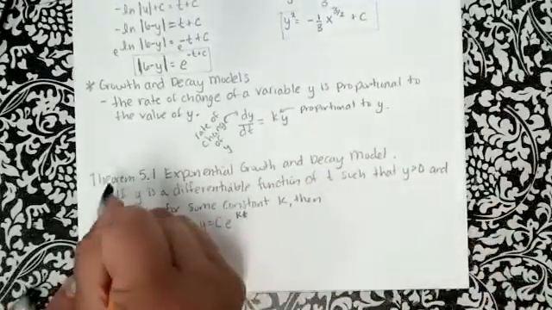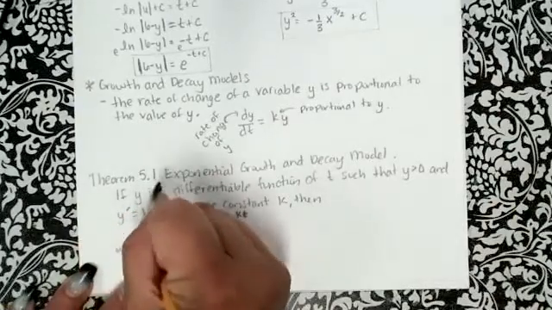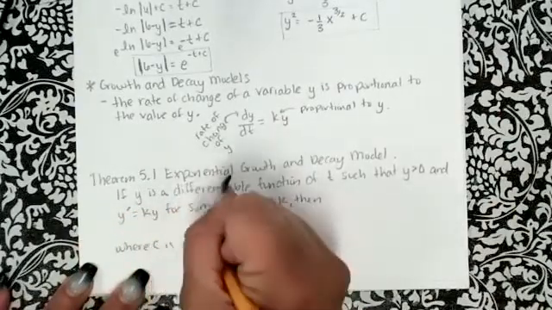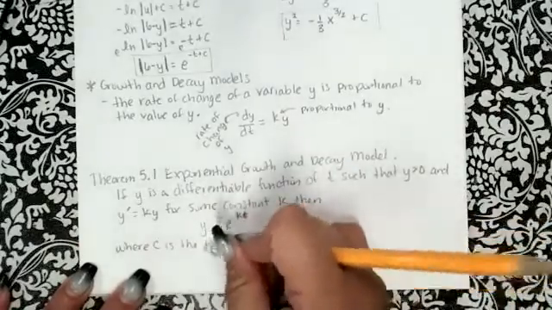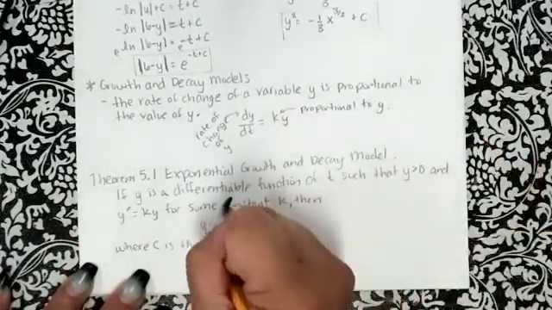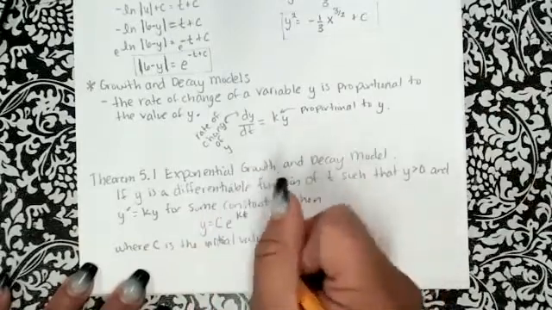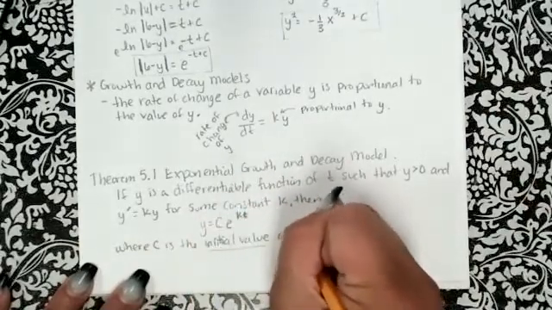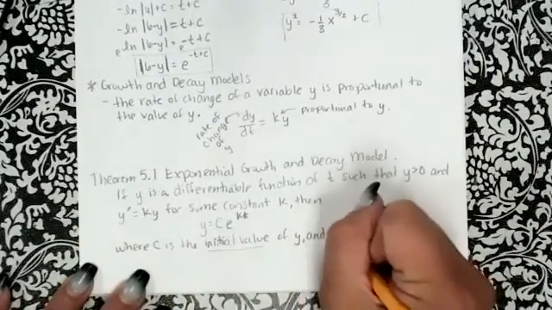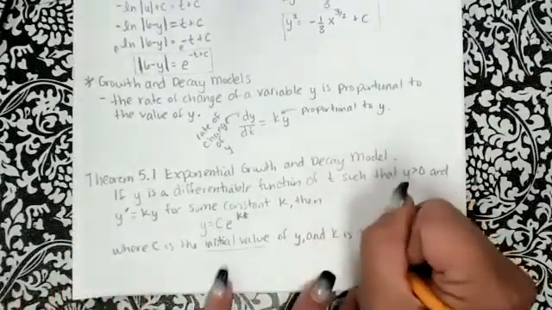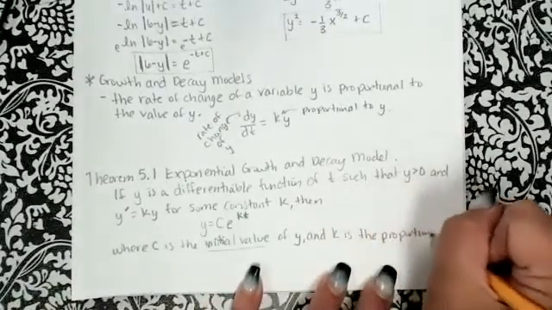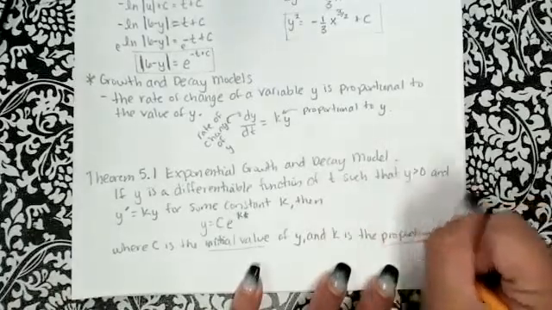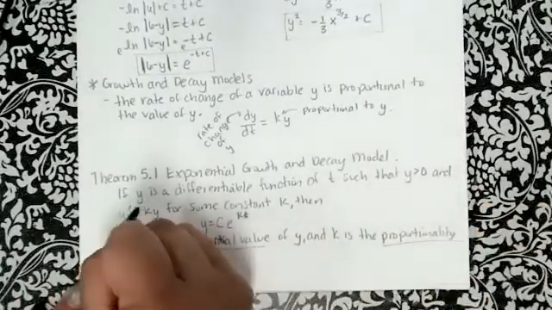Where c is the initial value, that's important to know, of y, and k is a proportionality constant.